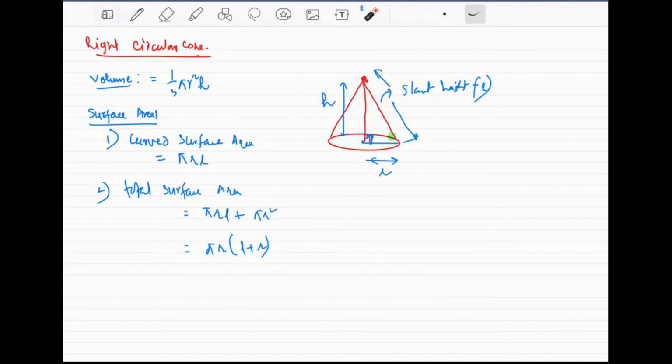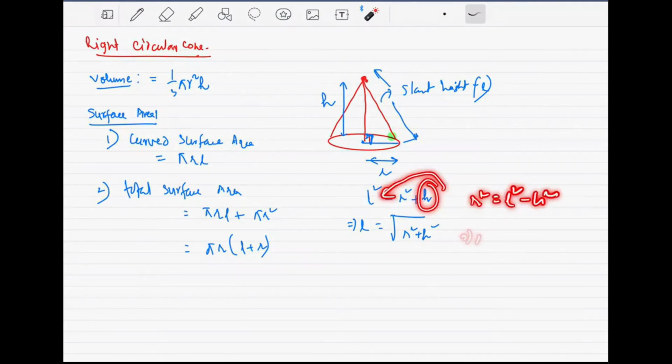So by Pythagoras theorem, L square is equal to R square plus H square. You can find L like this: root over R square plus H square. You can find R too. If you take H square to the other side, we have R square is equal to L square minus H square, so R is root over L square minus H square.